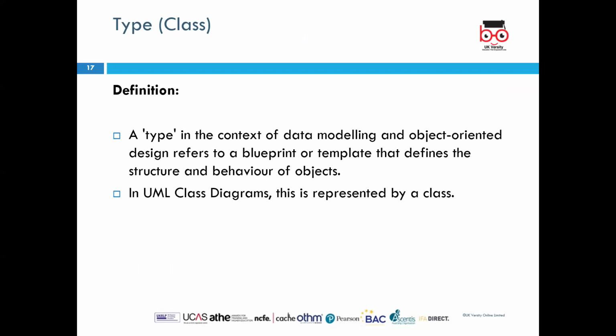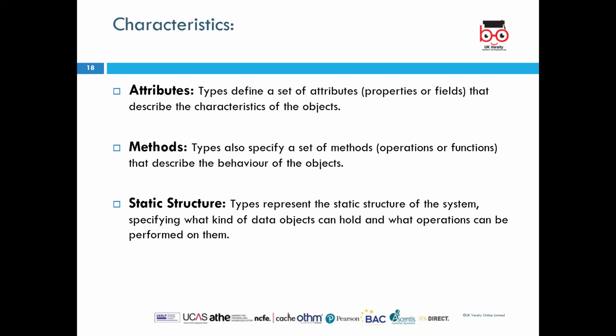The definition for type: in the context of data modeling and object-oriented design, we refer to a blueprint or template that defines the structure of an object. For instance, our type could be a class, and in this class we add our attributes, methods, and static structure.